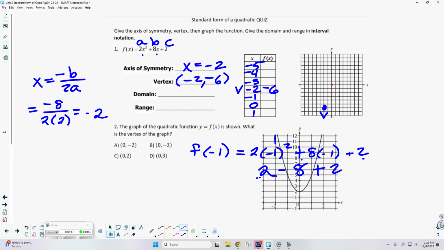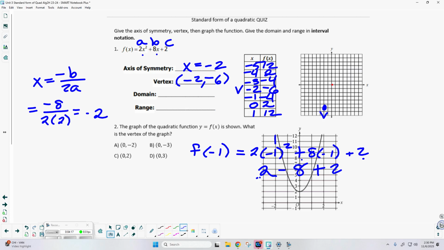If I plug in -1, I should get what? -4. Remember, you should be able to see the symmetry with the y values in your table. If -1 gives me -4, then -3 would give me the exact same value. And then you just keep plugging in. Both -5 and 1 would have given you 12, and -4 and 0 would both give you 2.